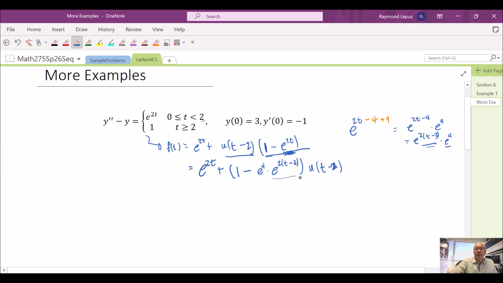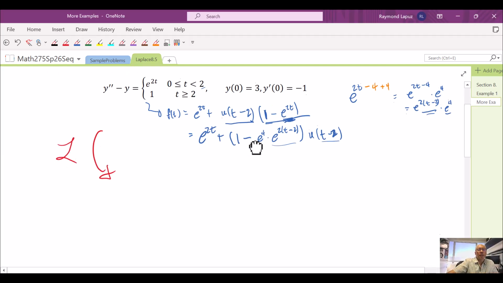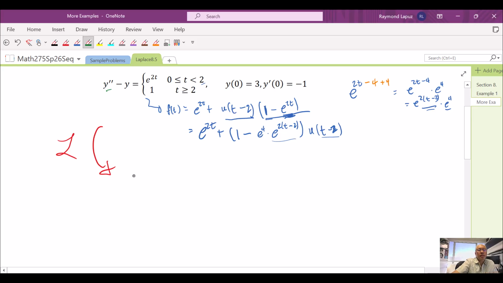All right, that sets us up to be able to make that transformation to the Laplace world, which is our next step. Transform to the Laplace world. So y double prime again is s squared capital Y minus s times y of 0 minus y prime of 0.